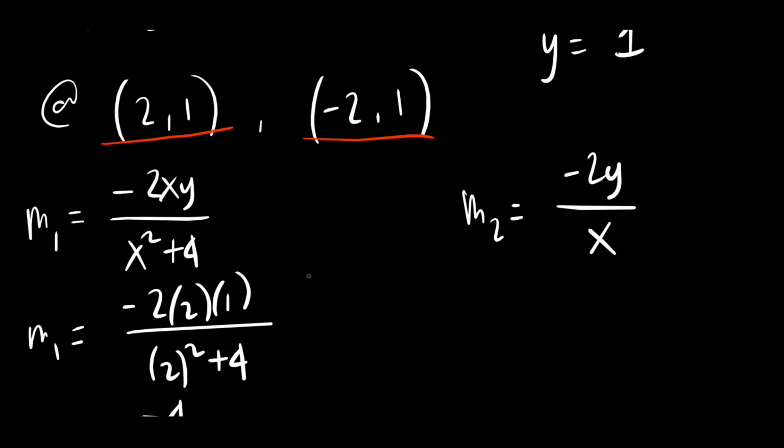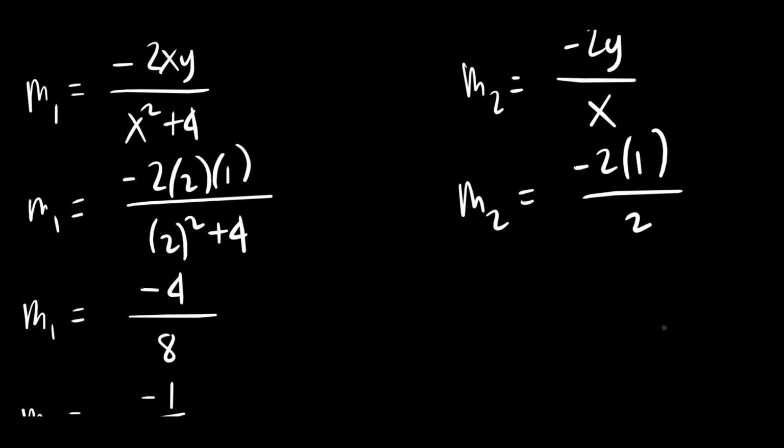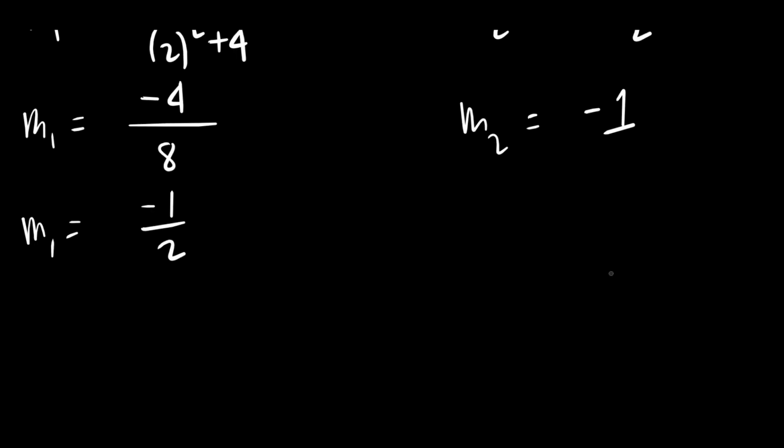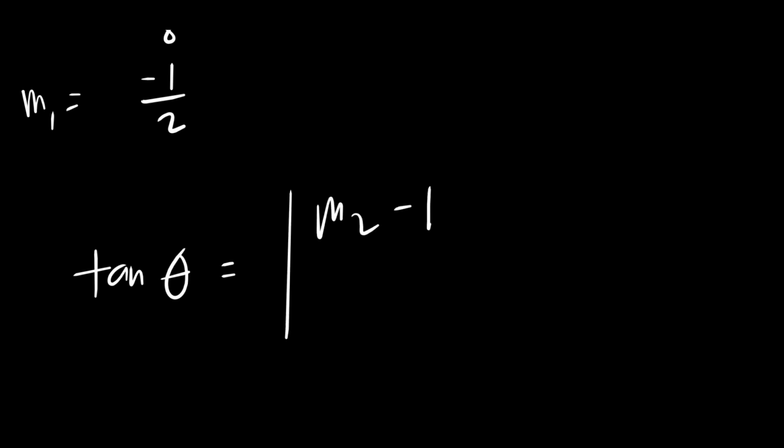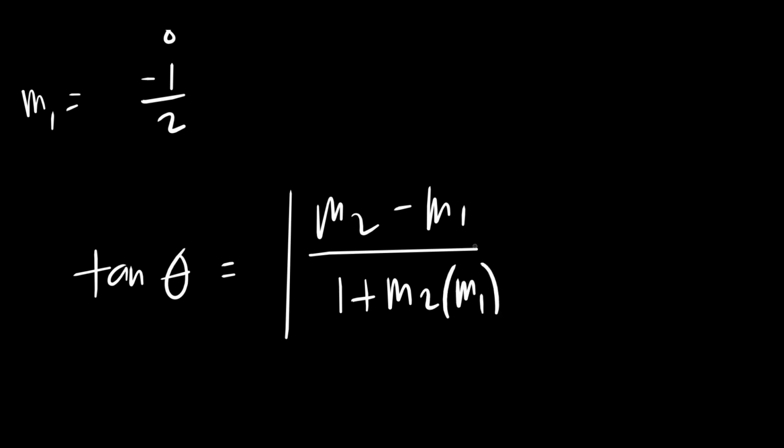For m2, we'll have m2 is equal to negative 2 multiplied by 1 all over 2. So m2 here is equal to negative 1. So we now have m1 and m2. Let's solve for the angle. The equation to find the angle between two curves is tan theta equals the absolute value of (m2 minus m1) all over (1 plus m2 multiplied by m1).